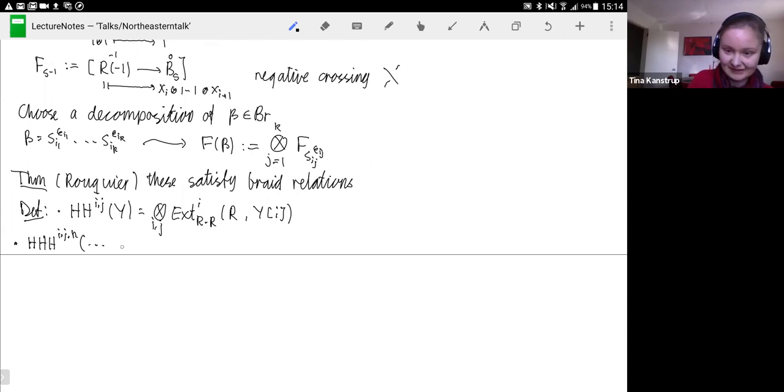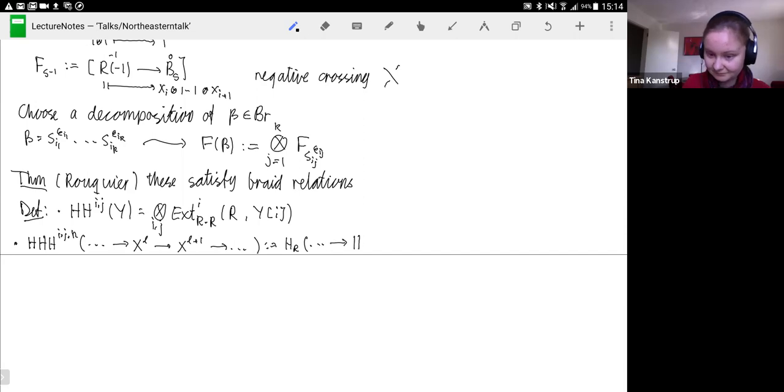So if I start out with some complex, I take the homology of this complex where I take Hochschild homology of each of the terms.